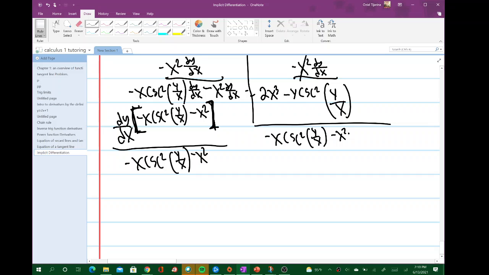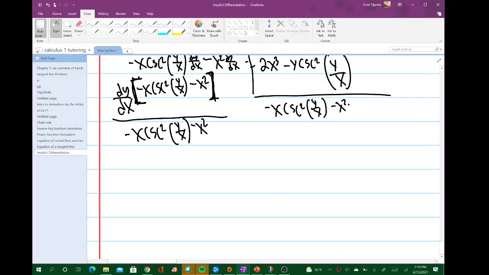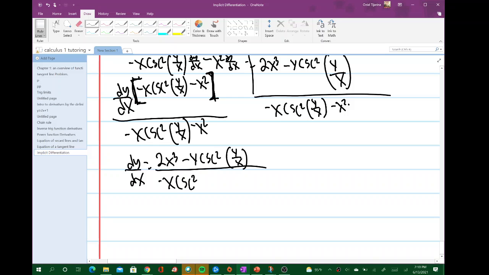So this is going to be dy dx equals 2x cubed minus y cosecant squared of y over x, over negative x cosecant squared of y over x minus x squared.